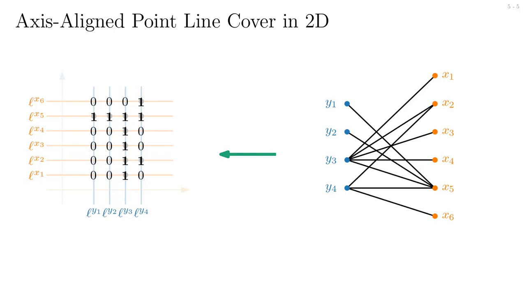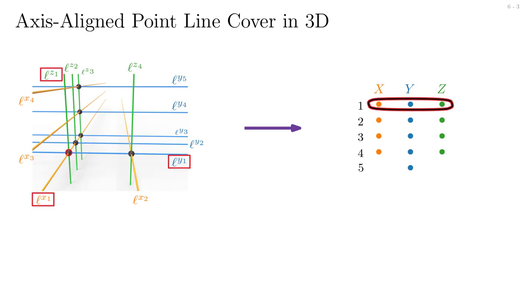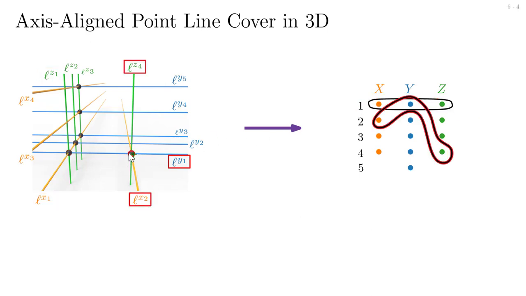Okay, if the problem is so simple and trivial in 2D, what about higher dimensions? Here we have an example of an axis-aligned point line cover instance in 3D. Every such instance can be represented by a hypergraph as follows. For example, this vertex corresponds to this hyperedge. This vertex corresponds to this hyperedge.